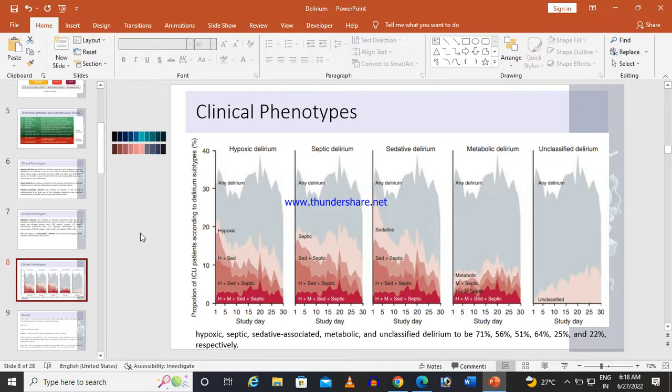One study was done; I got it from the internet. So this is elaborated percentage-wise.